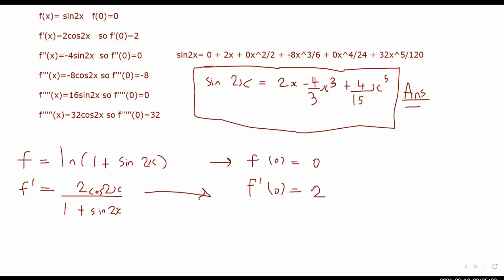All right. Now it says hence or otherwise. Of course, it could have gone to hence. Since I started this, we're just going otherwise. So we're going to differentiate this now. I'm going to have to use the quotient rule. So f double prime is going to be, using the quotient rule, we start with the bottom, 1 plus sine 2x, multiplied by the derivative of the top.